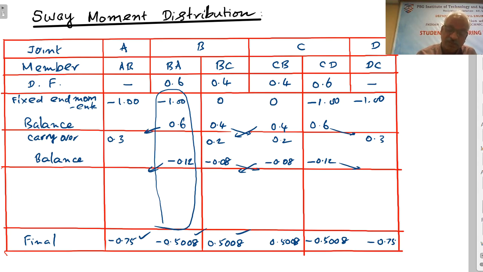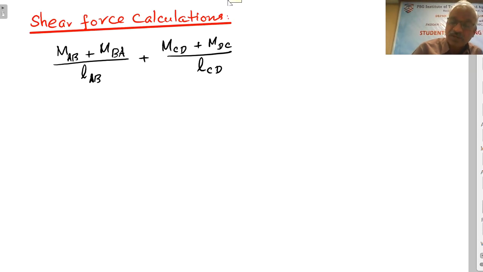So here both values are minus. Here also both values are minus. So AB minus 0.75. For AB it is minus 0.75. For this again it is minus 0.75.